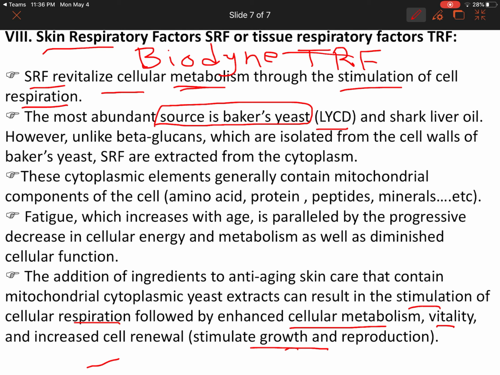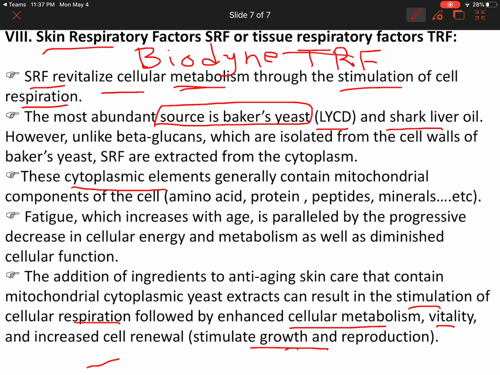You take the yeast cells and heat them, then you get the nutrients in the yeast. These come from the cytoplasm of the baker's yeast. We said beta glucan is from the cell wall, but skin respiratory factor is isolated from the cytoplasm of the baker's yeast.